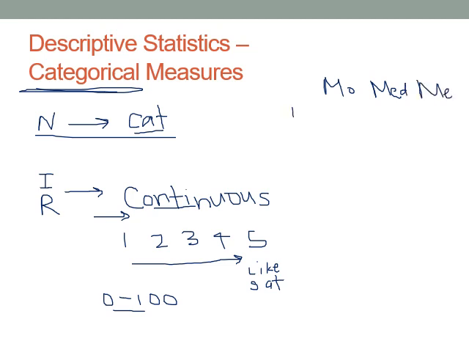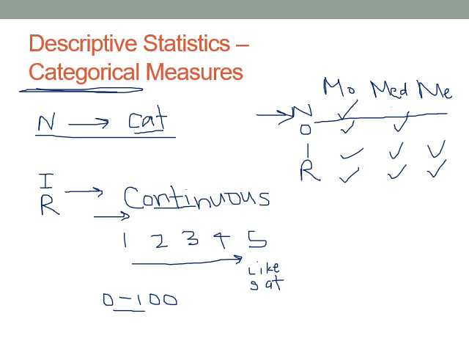If you have nominal, ordinal, interval, and ratio measurement scales, with nominal you can report the mode, with ordinal you can report the mode and the median, with interval and ratio you can report all three. This is because nominal is categorical. It gets a different kind of data analysis than when you have continuous data, and you are able to do all three of these things.